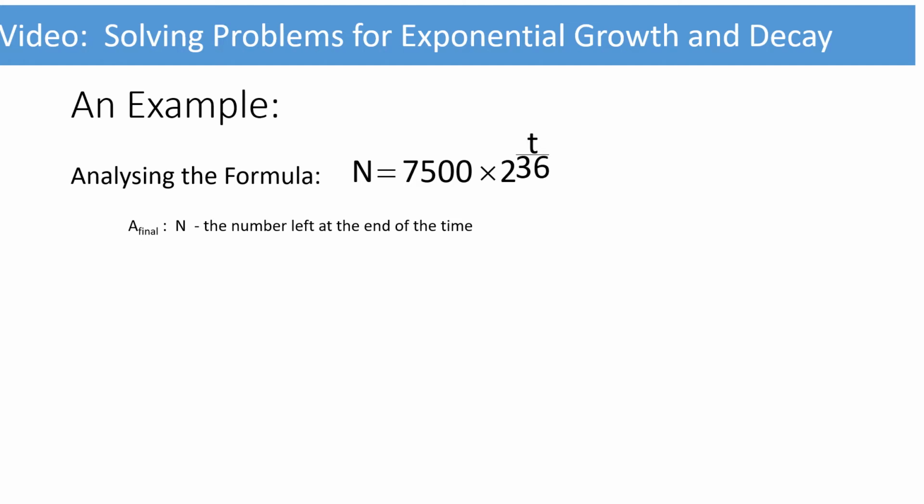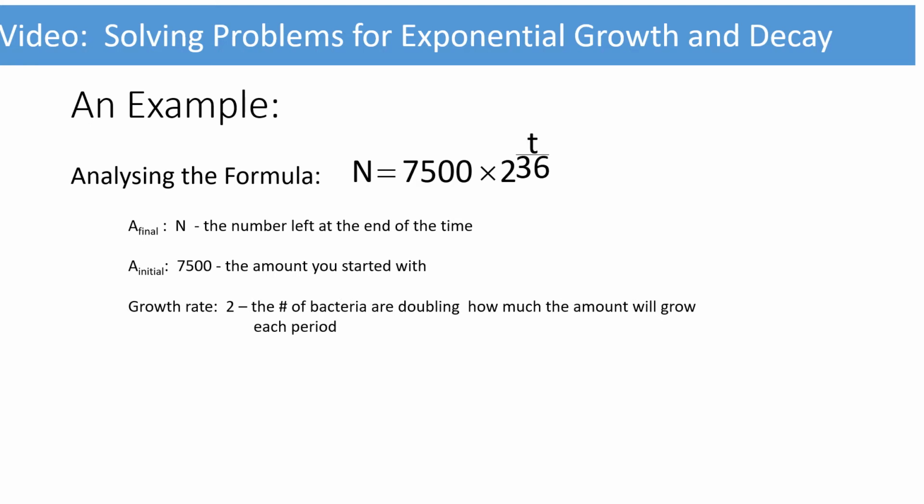Now, we said N was the final amount, the number left at the end of the time. The initial amount is what we start with. We're starting with 7,500 bacteria. The growth rate is 2.